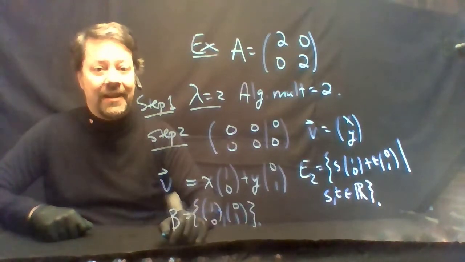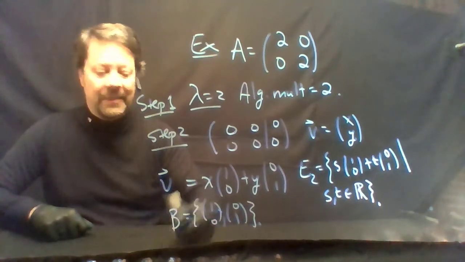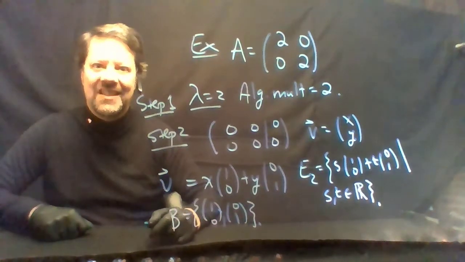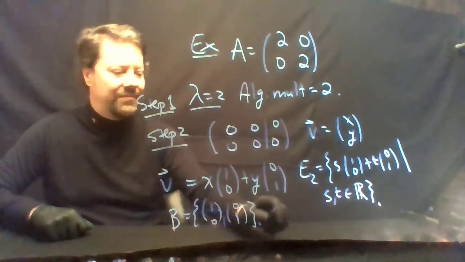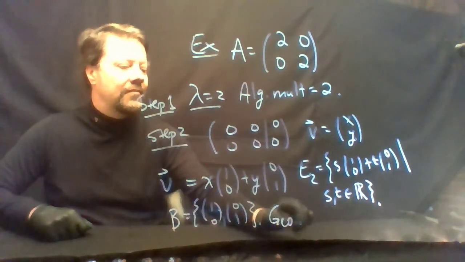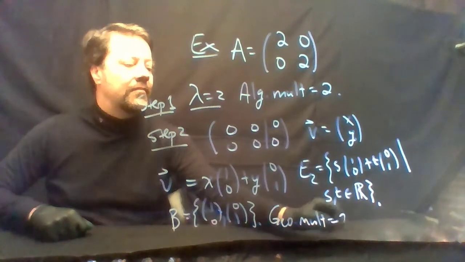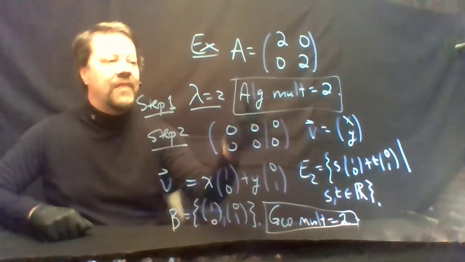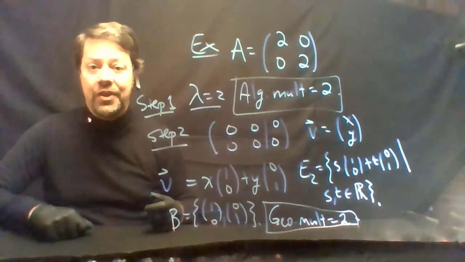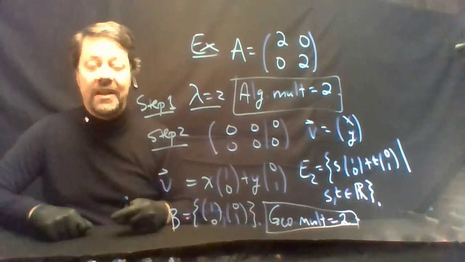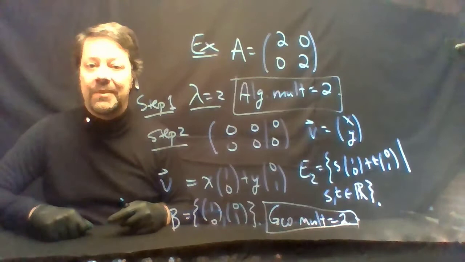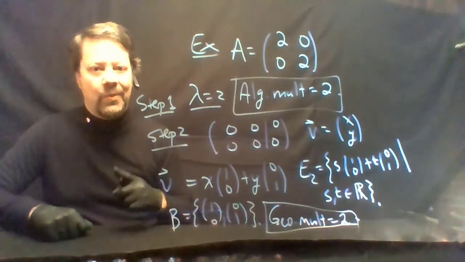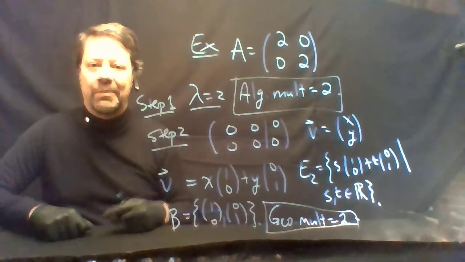It follows then that the geometric multiplicity, the dimension of the eigenspace, is 2. In this case, the algebraic multiplicity and the geometric multiplicity are equal. In the last example, the geometric multiplicity was 1, while the algebraic multiplicity was 2.